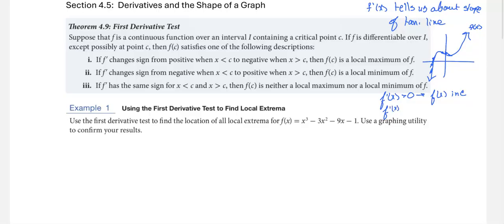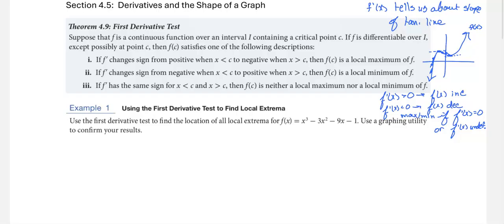So if the value of the derivative is negative, less than 0, then the function is decreasing. And when it's equal to 0, then we have critical numbers, and there could be a maximum or a minimum. Remember, that could also happen if the derivative is undefined.